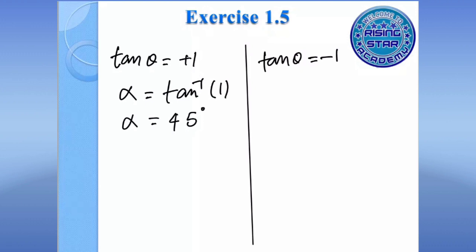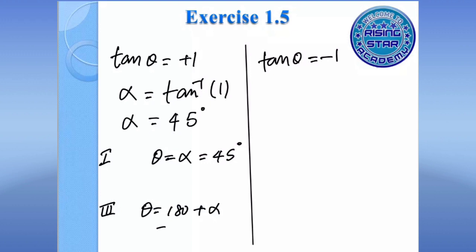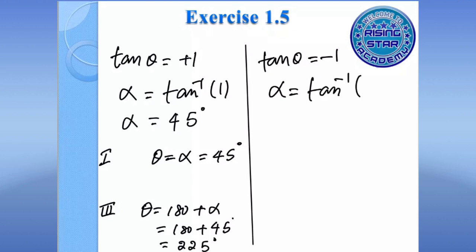Now tan is positive in the first quadrant and the third quadrant. So I will write theta equals alpha, that is 45 degrees, and here theta equals 180 plus alpha, so 180 plus 45 would become 225. Now for tan theta equal to -1, the alpha would become tan inverse of 1.